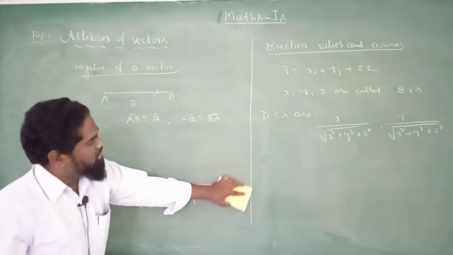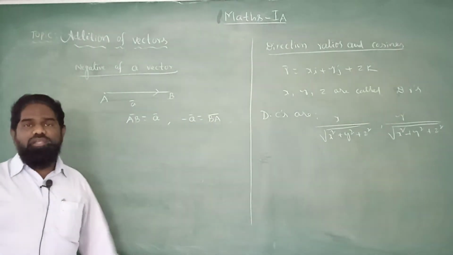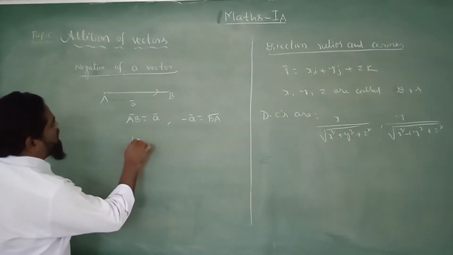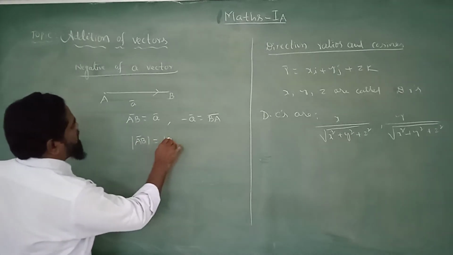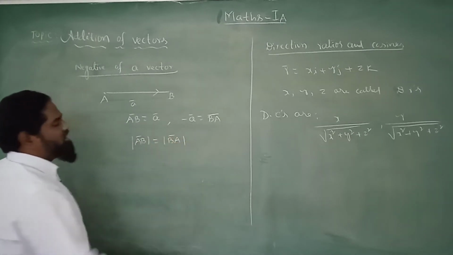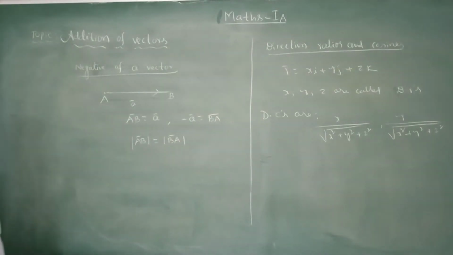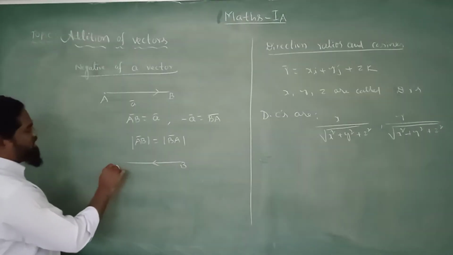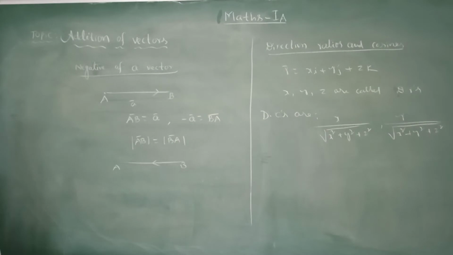BA bar is called the negative of the vector AB bar. And one more important thing: modulus AB and modulus BA are the same, but the directions are opposite. Like this, AB and BA directions we can take like this. Understand? This is the negative of a vector.